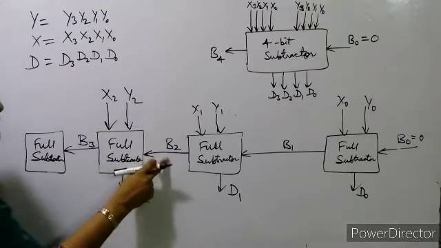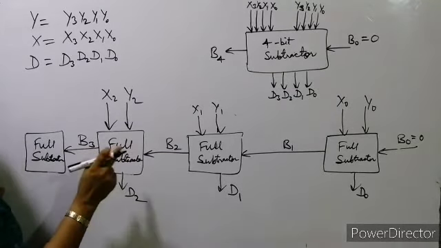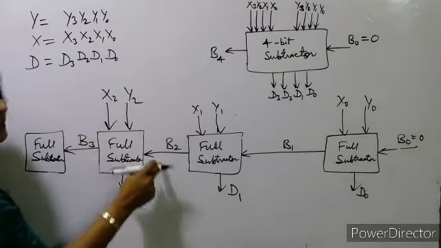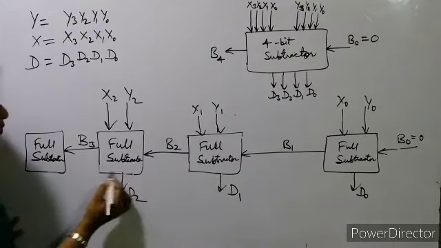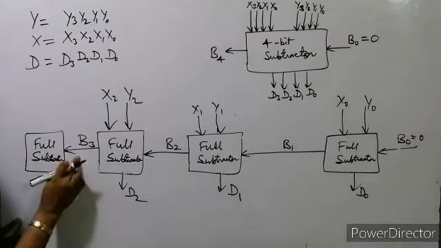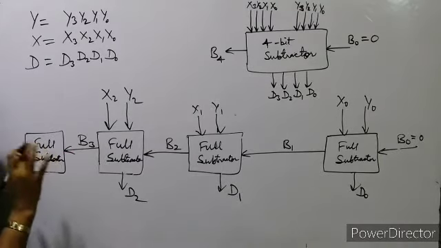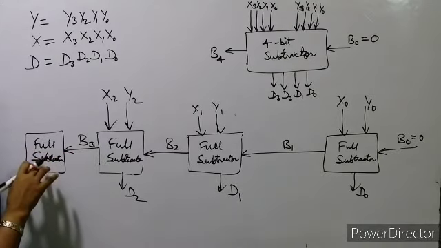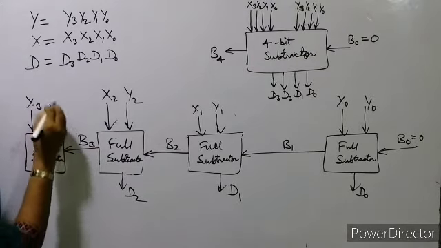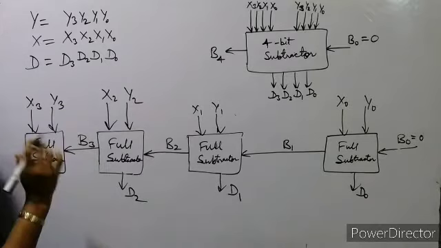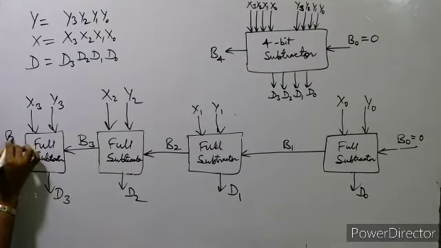This will be considered as input for the next order bit, and in this one x2, y2 and b2 will be inputs, and the outputs will be d2 and b3. And b3 will be considered as the borrow in for the last one, the next order bit. So this one will have x3, y3 and b3, three inputs and two outputs, d3 and b4.